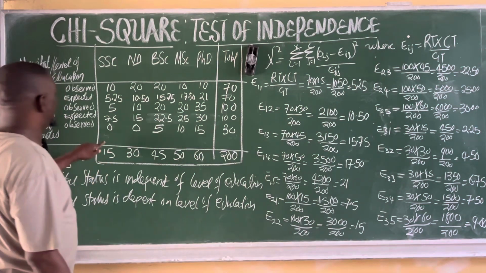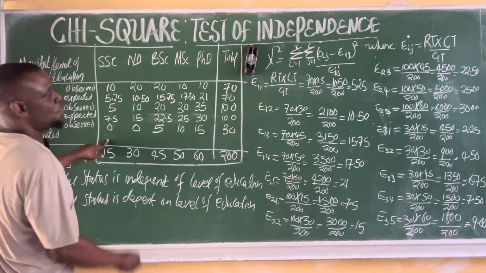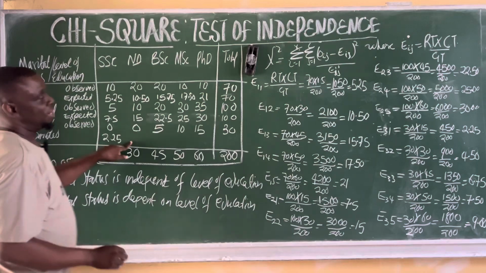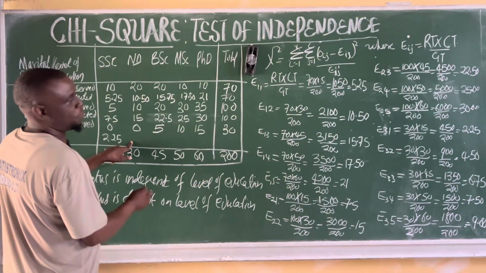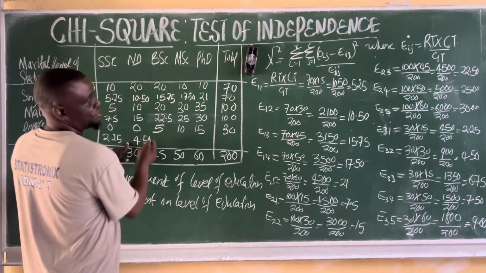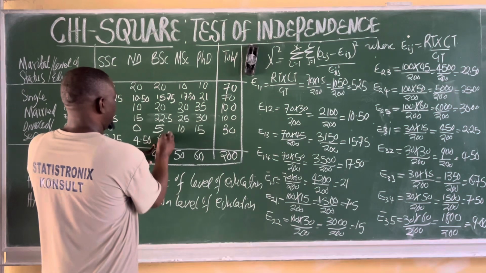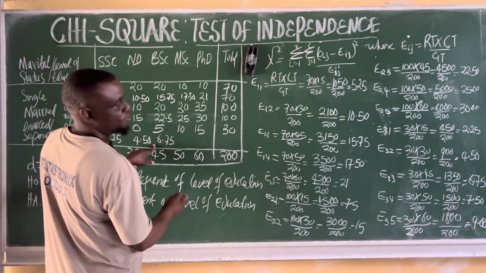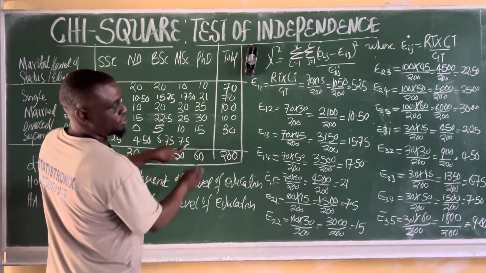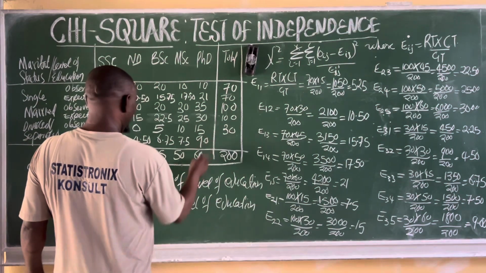So the expected values for E31 is 2.25, and then this is 4.50, and then 6.75, 7.50, and then 9.00.